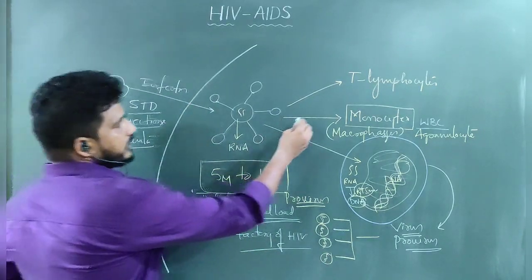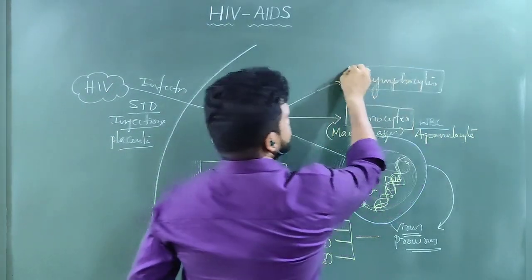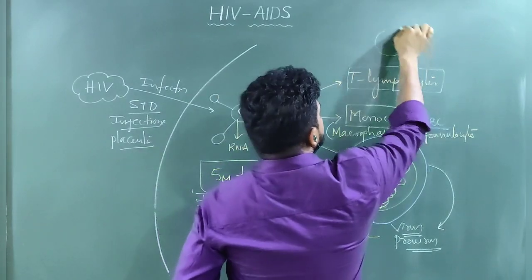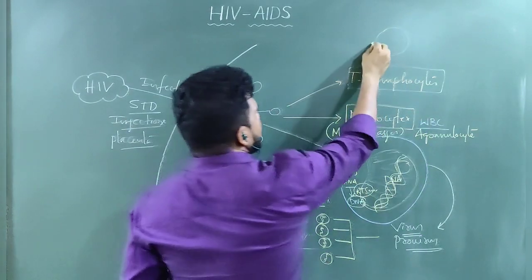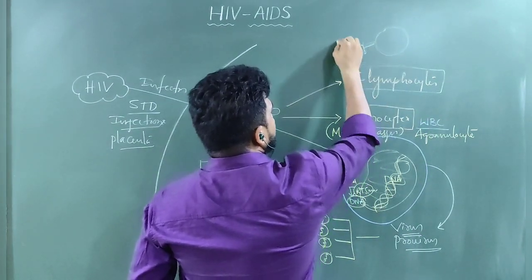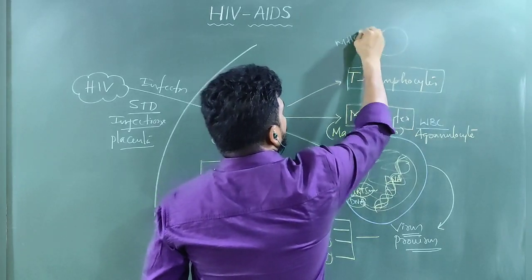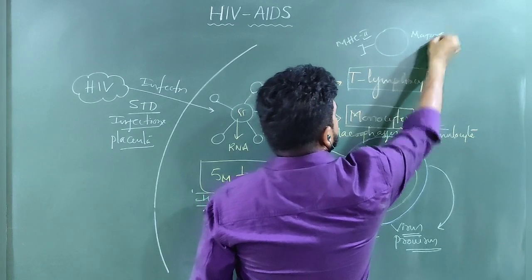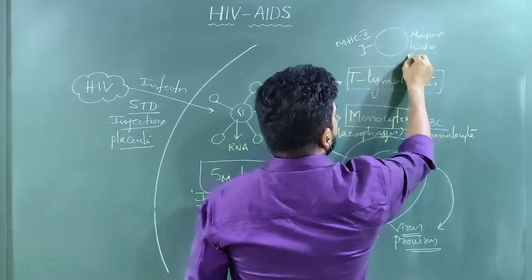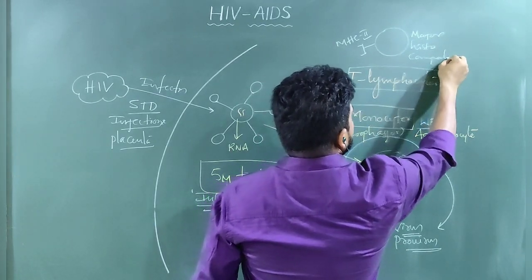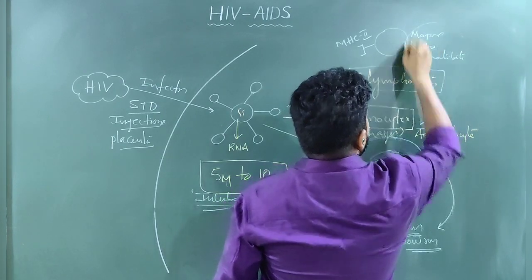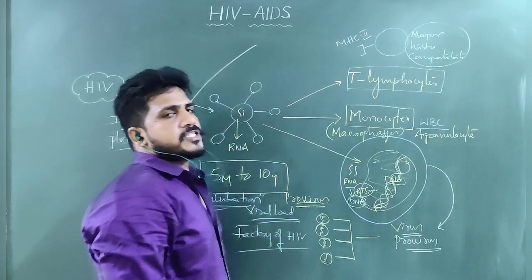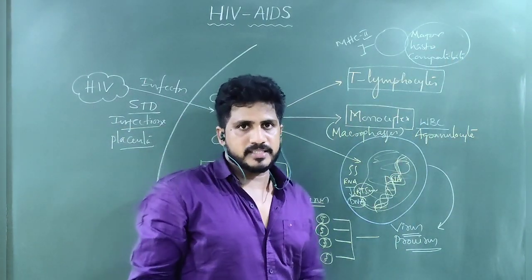On the other hand, T lymphocytes were there. T lymphocytes have MHC2 receptors, meaning major histocompatibility. These are a type of receptors. They help us to recognize foreign bodies.